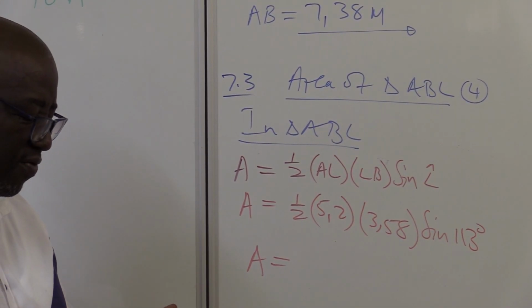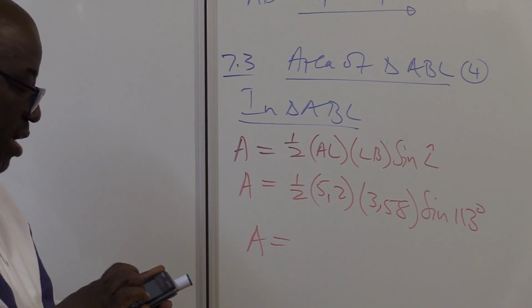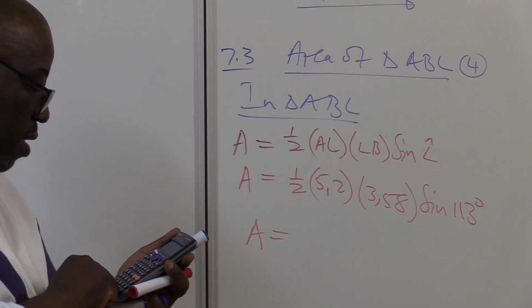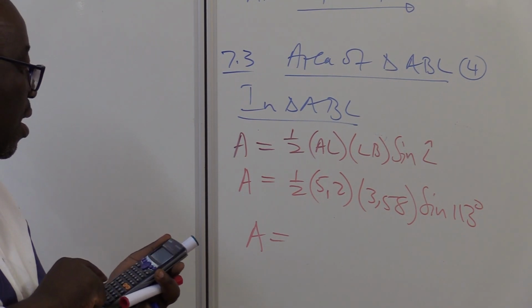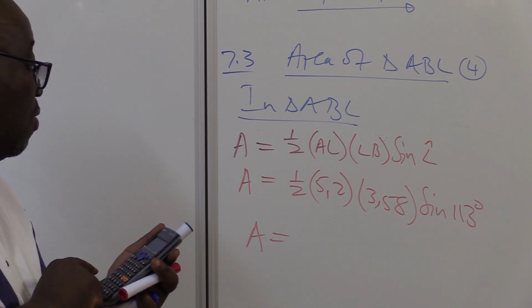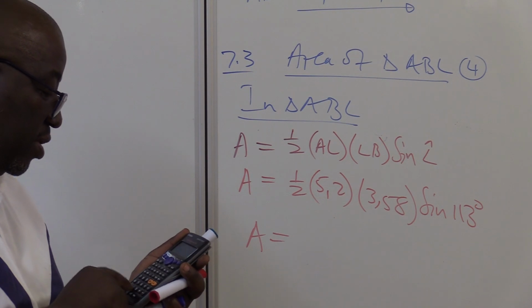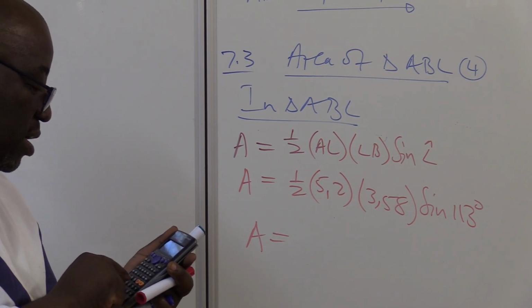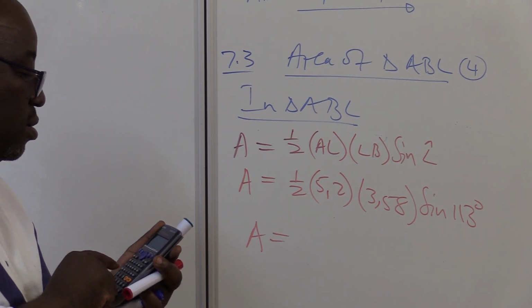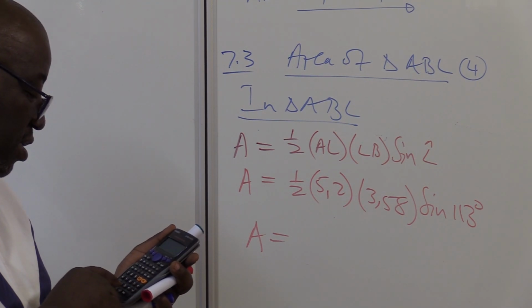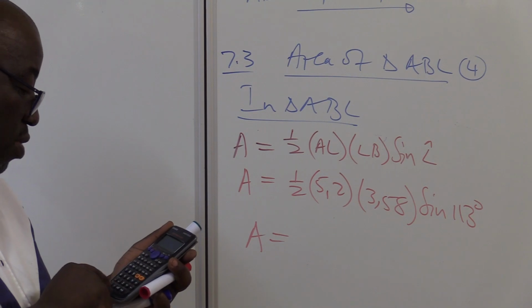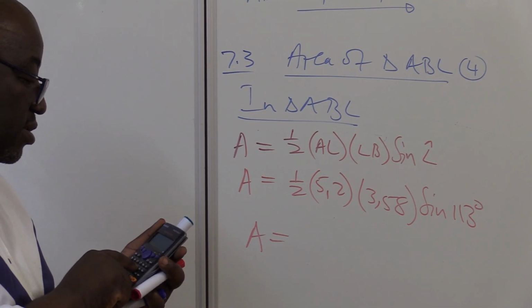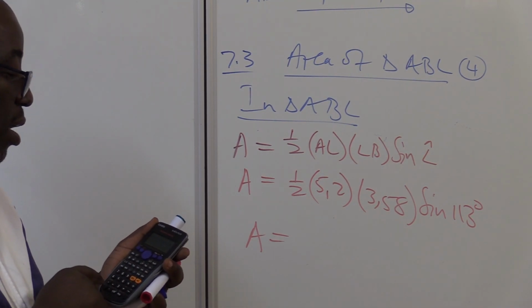Then area will be equal to, you go to your calculator, you don't do anything, you just punch your calculator, it will give you answers. Remember, it's a half, it's 1 over 2, into 5,2, close this bracket, open another one, 3,58, close it, sine 113.